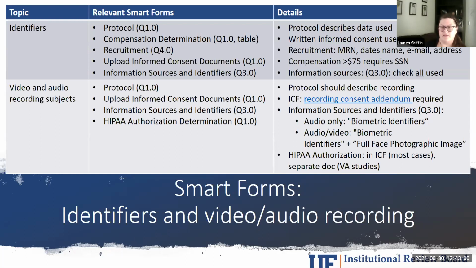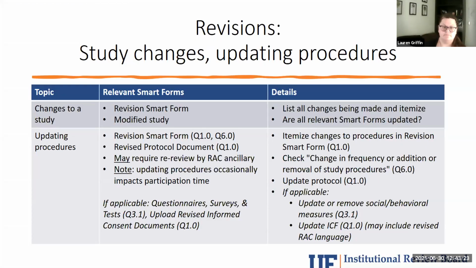And then that addendum, if you are video or audio recording, goes at the end of the informed consent document. And then on the information sources and identifiers page, biometric identifiers, and then full face photo image. If you're taking a video of somebody sitting doing an interview, you will have that image. So it's just things that hinge together but can be overlooked.